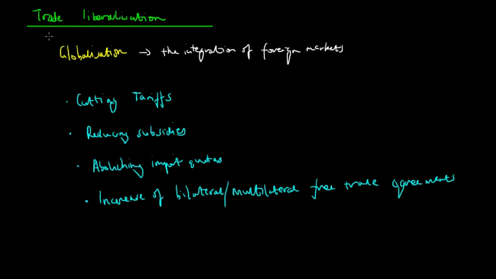With trade liberalization, we are exposed to the foreign market, and the effects are that we have to reallocate our resources to our most productive uses, to areas where we have the comparative advantage, or the least opportunity cost foregone.